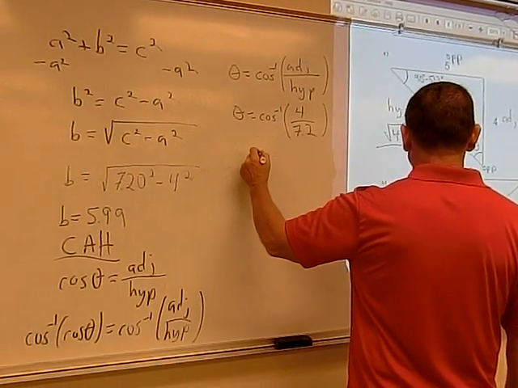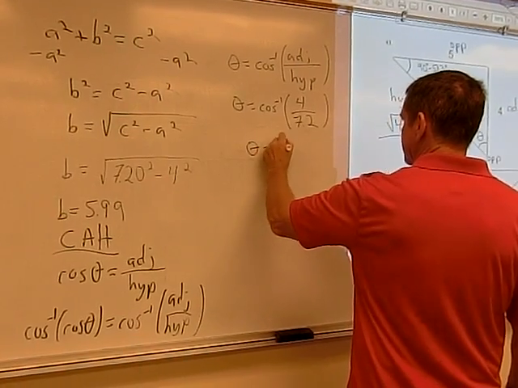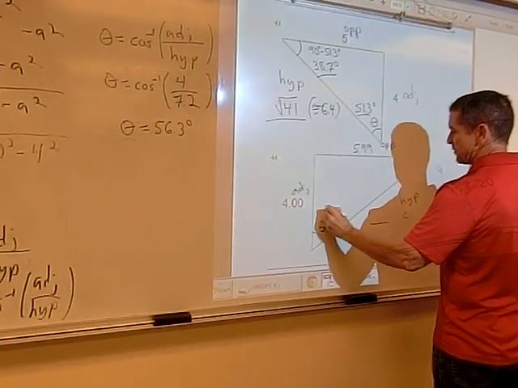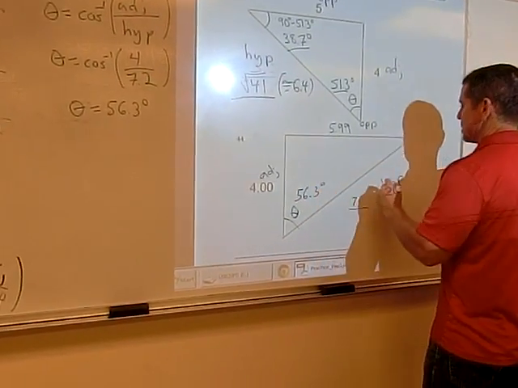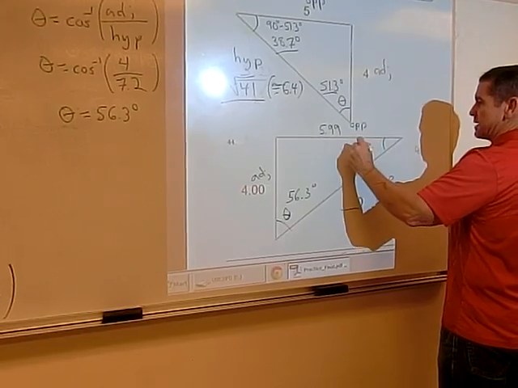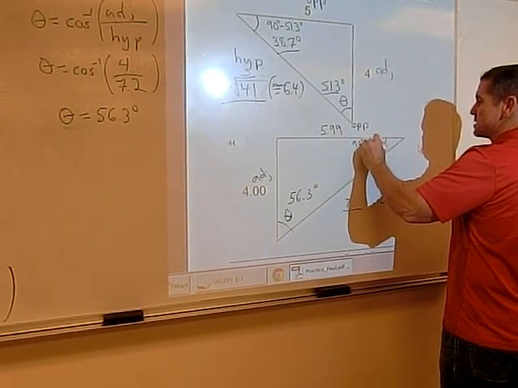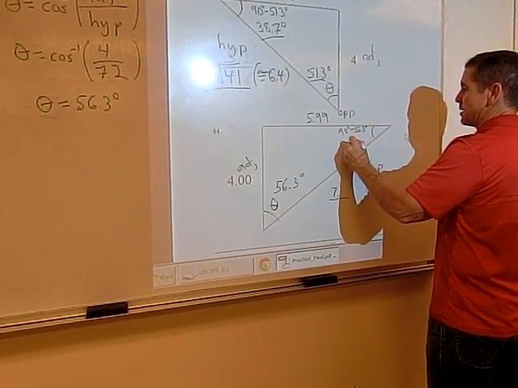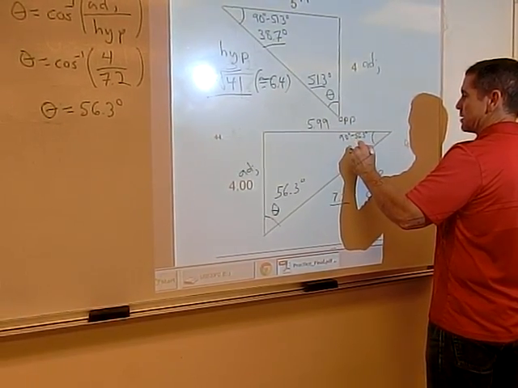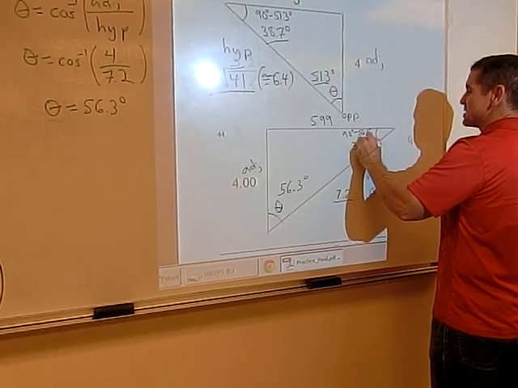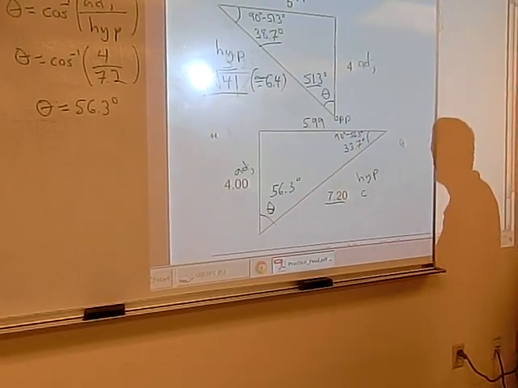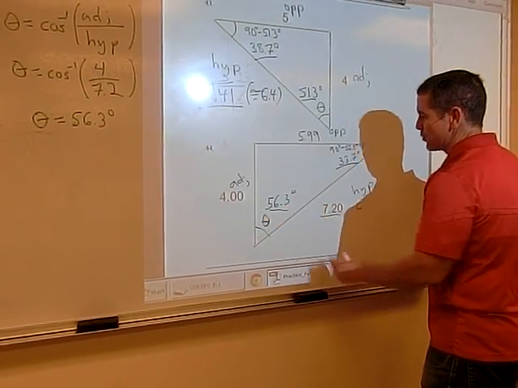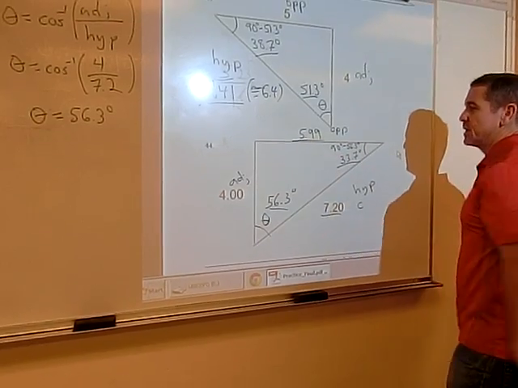So theta equals 56.3 degrees. That's this guy. And this guy is going to be 90 degrees minus 56.3 degrees, which is 33.7. There you go. So we get 33.7, 56.3, and for this side we got the 5.99.